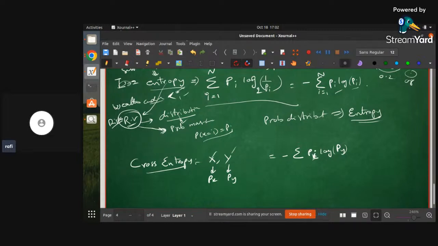Let me make it clearer: i equal to 1 to n, let us say you have n symbols. The probability of x taking i and the log of the probability of y taking i, that is cross entropy.